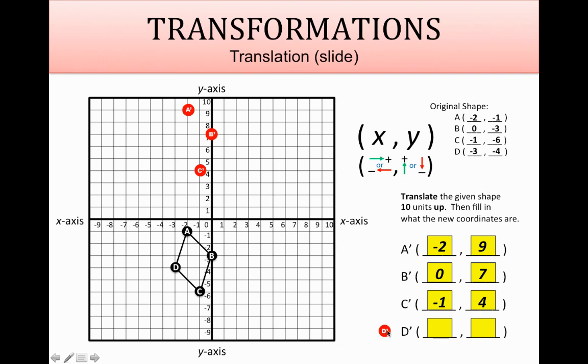And then lastly, we got D prime here. Click and drag it over to D, and then we can count up 1, 2, 3, 4, 5, 6, 7, 8, 9, 10. And that is exactly where D prime is supposed to be. That would be -3 for the X and +6 for the Y.